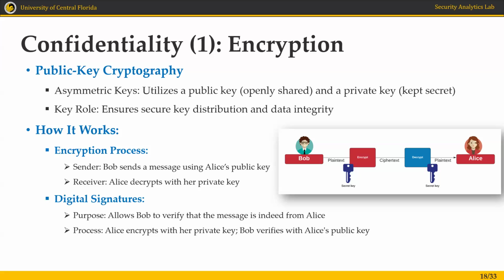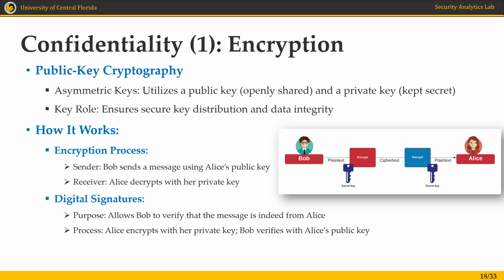With asymmetric keys, we utilize a public key that is shared between Bob and Alice, and a private key that is kept secret. The key role is to ensure secure key distribution and data integrity as well. So we must protect the information that is being sent and also the keys. Bob would send a message using Alice's public key, and Alice can decrypt it with her private key.